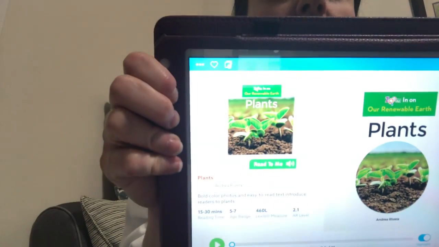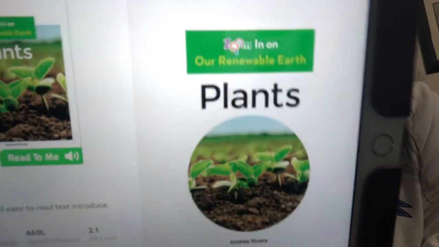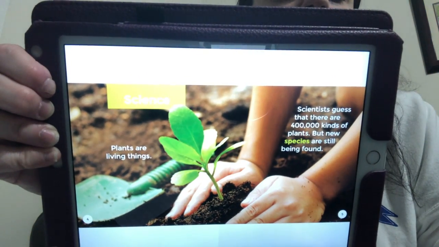The book is called Plants. That's all. See? Plants. Science. Plants are living things. Scientists guess that there are 400,000 kinds of plants, but new species are still being found.